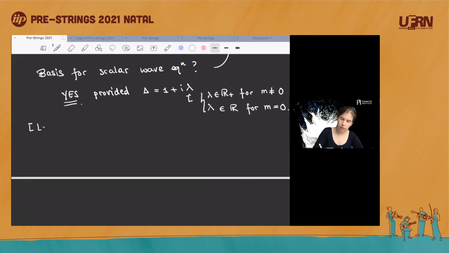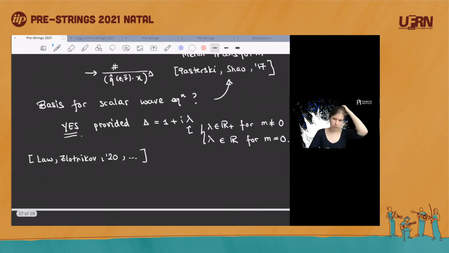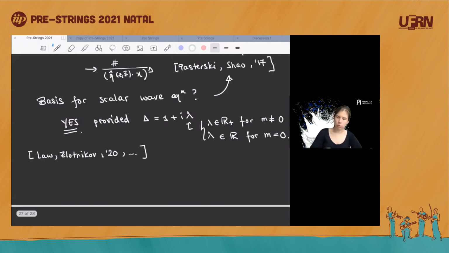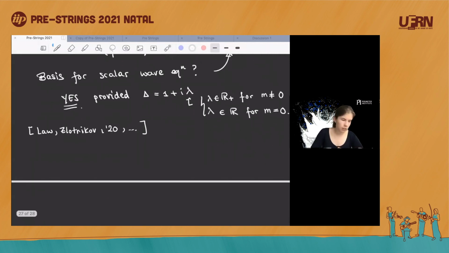I think there's a paper by Law and Zlotnikov, 2020, and some others which discuss spinning particles, and also Pasterski and Shao discuss the case of spin 1 and spin 2. In fact, tomorrow we might touch upon that a little bit, but okay, so that can be done.